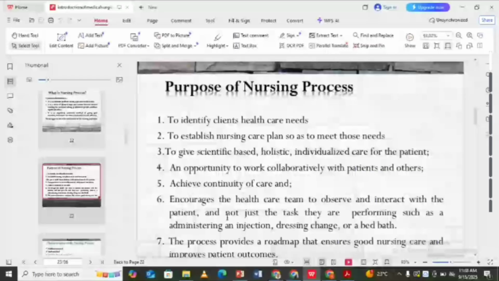It encourages the healthcare team to observe and interact with the patient, not just perform the task of administering an injection, dressing change, and bath. It's very important. You have those people who don't talk to patients, who don't engage patients. Your responsibility is limited to just getting there, doing morning care, bed making, giving medication, documenting, and your work has ended.